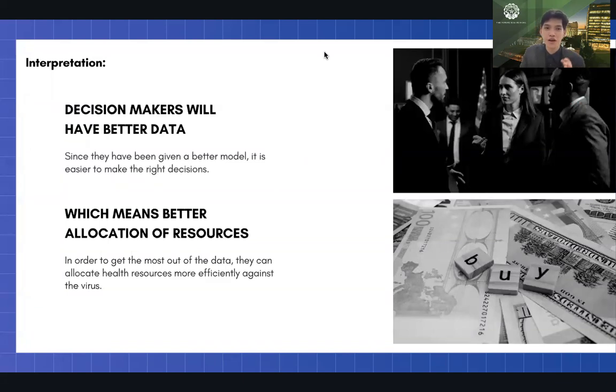Since they have been given a better model, it is easier for them to make the right decisions. This means that we would have better allocation of resources. Why? Because when these officials get the most out of the data, they can allocate health resources more efficiently against the virus.